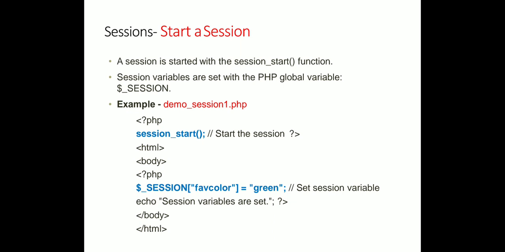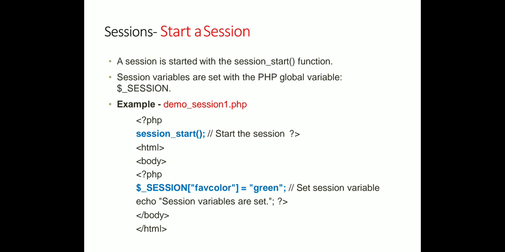Then we start with the HTML and body tag, and again a PHP script is started with $_SESSION, and the parameter used here is favorite color and the value given is green. So here I have provided a session variable and its value. Then I have given the statement echo "Session variables are set".